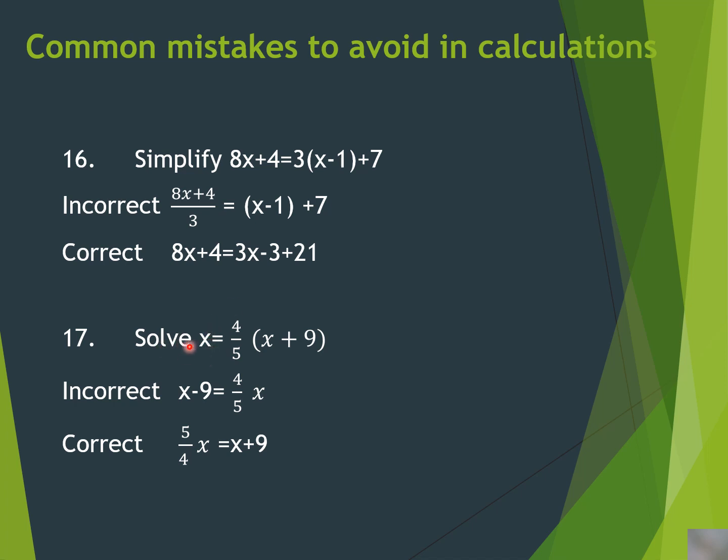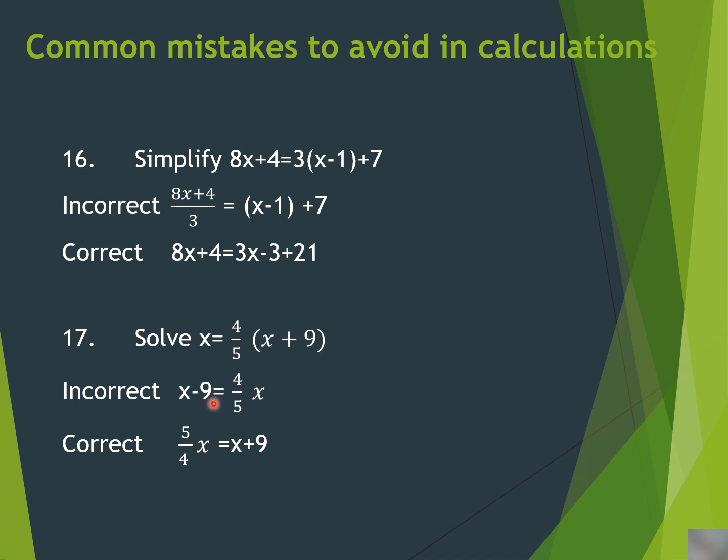This one is telling you solve x equal to 4 by 5 into (x plus 9). Now here, because 9 is getting added, sometimes children transpose it on the left hand side and do the subtraction. But this 9 is inside the bracket and 4 by 5 is getting multiplied by it. So you cannot simply take 9 over there on the left hand side.